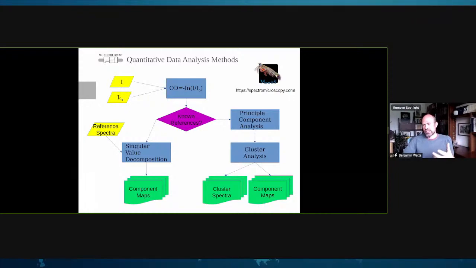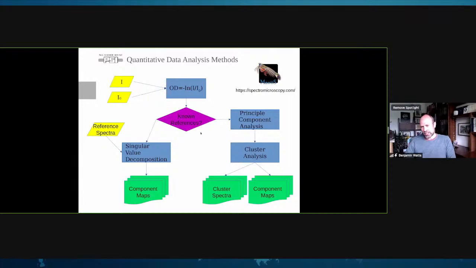The I0 is how much arrived at the front of the sample, which we measure by just looking at an empty region of the sample. So you just kind of move next to the sample. We combine these with Beer's law to get the optical density, and then we have our data in a format where we have the spectra linearly combining.